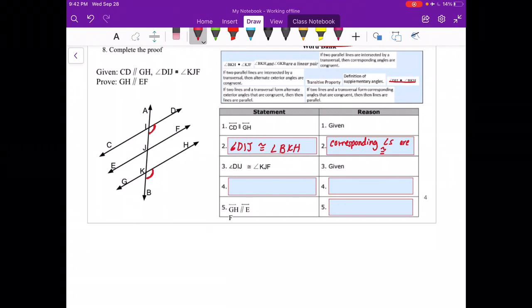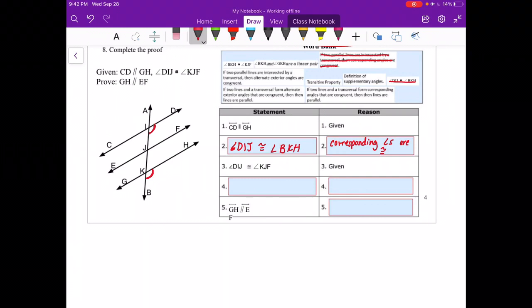And if you read carefully, there's a statement in our word bank that says, if two parallel lines are intersected by a transversal, then corresponding angles are congruent. Now that we have that filled in, we can move on to statement number 4.